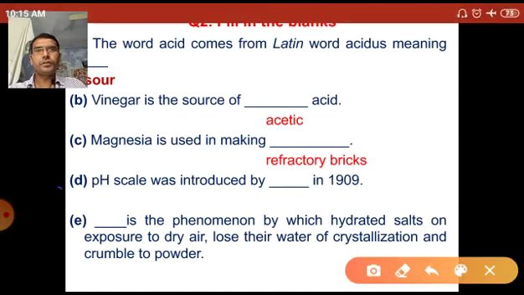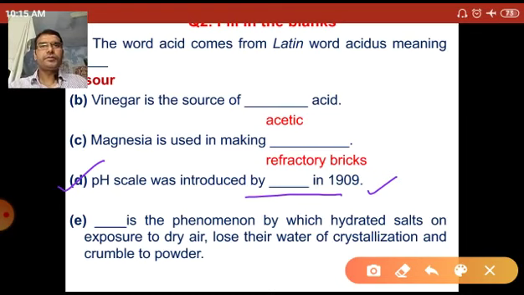Now the next question. The pH scale was introduced by dash in 1909. So Sorensen introduced the pH scale for determination of the acidic or basic nature of a particular solution, and it also gives the comparative nature of acids and bases.